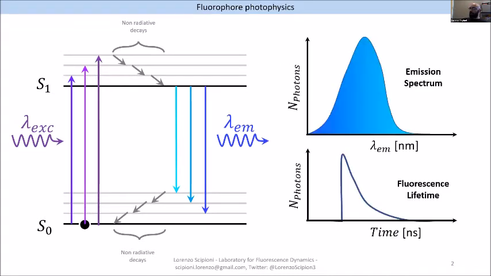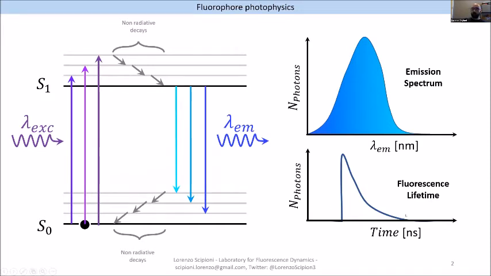So this process has two main properties, one being the emission spectrum, so the distribution of wavelengths that can be emitted by the fluorophore, and the fluorescence lifetime. The fluorescence lifetime is the distribution of the time that it takes from the excitation to decay back to the ground state.